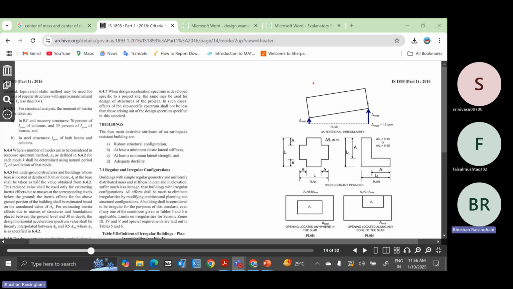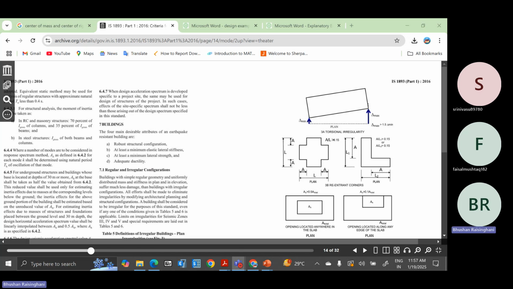So as the stiffness is concentrated more at this particular position, this end will be more flexible. We are concerned about the four corners of the building, which will be deflecting under the lateral load. At this point, as the stiffness is high, it will not deflect more, so there is a delta minimum. And at this point, it is more flexible and it is a torsionally flexible building. Then it will have delta max, which will be higher than 1.5 times delta minimum, right?